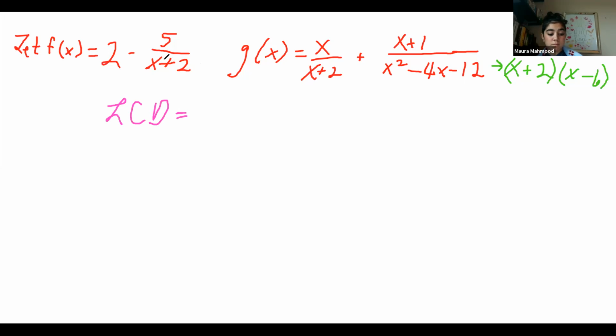Okay, so you're really only looking at x plus 2, and then x plus 2 times x minus 6. So what do you think your overall LCD is going to be? x plus 2, x minus 6. Very good.